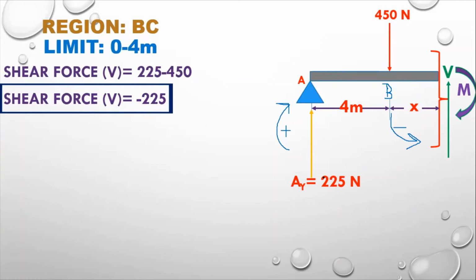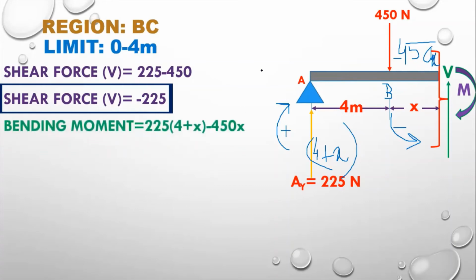So 225 should be multiplied with 4 plus x, because it covers the distance 4 plus x, and this should be minus 450 into x. So the equation will be 225 into (4 plus x) minus 450 into x.